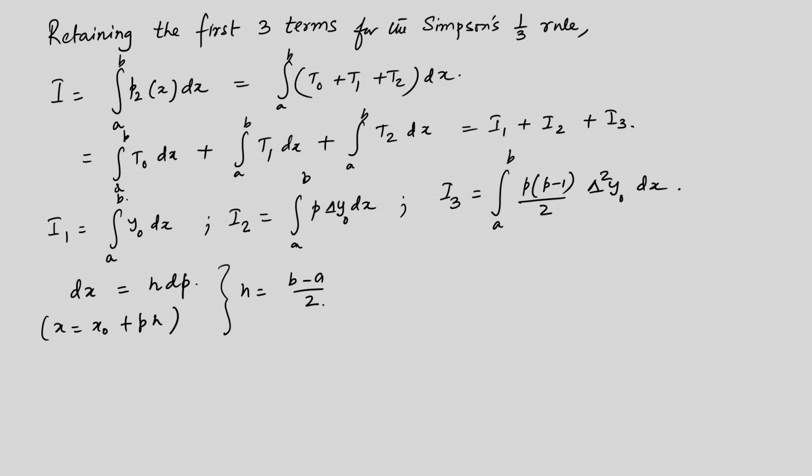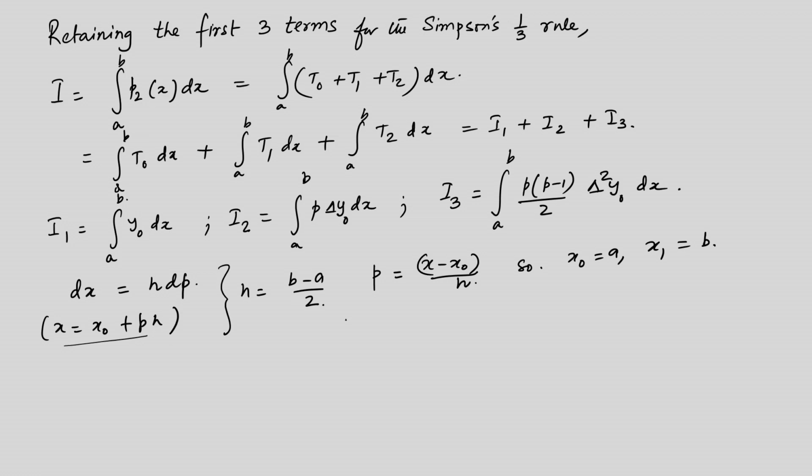Now, it is important to note that p is equal to x minus x 0 over h. So, x 0 equal to a and x 1 equal to b, and h is b minus a by 2 as it is written there.